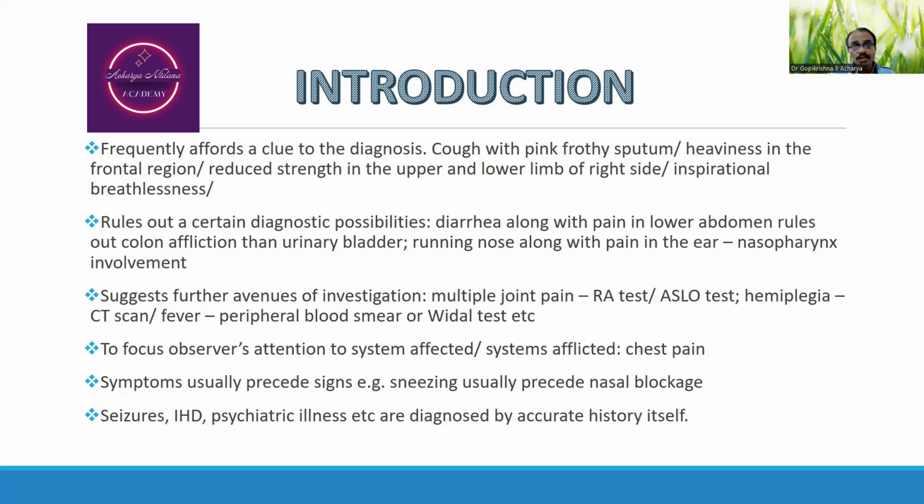Reduced strength in the right upper limb and lower limb of the person makes us move towards the diagnosis of a neurological disease, that too cerebrovascular accident or stroke. If the person presents with breathlessness during inspiration, that is indicative of dysfunction related to the upper respiratory tract, that is from the nose till the larynx.